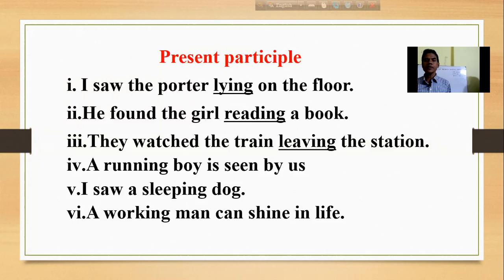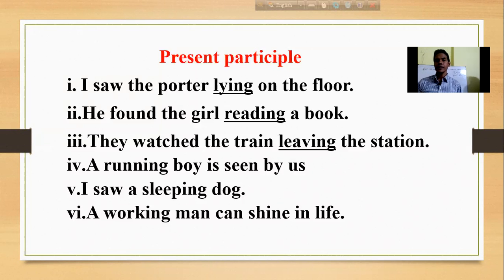What is the structure of the present participle? The structure of present participle is the base form of the verb with ing. So you see here, I saw the porter lying on the floor.